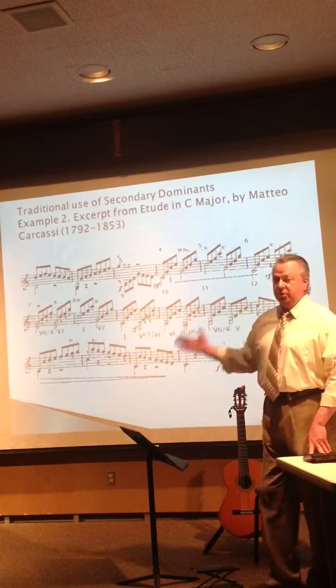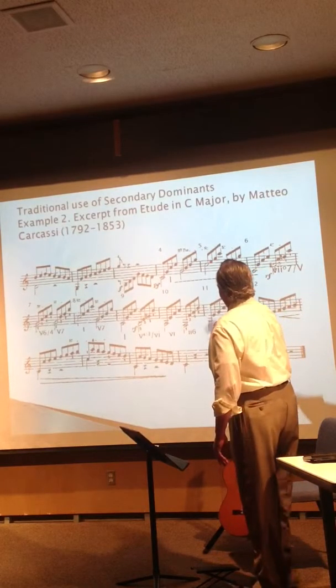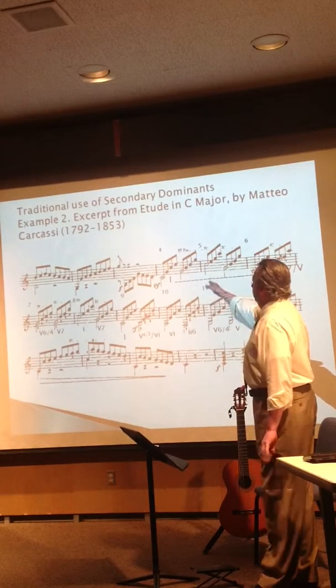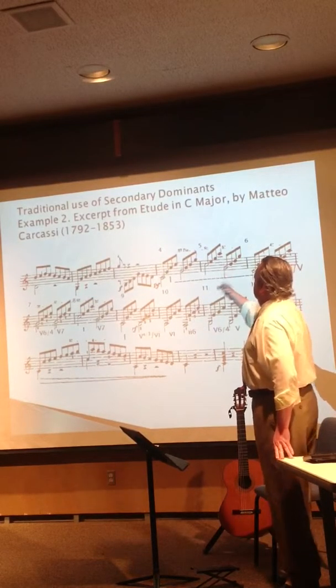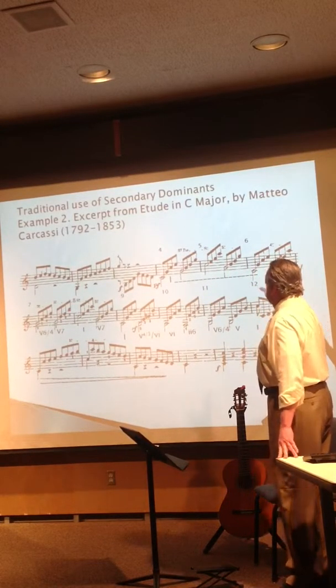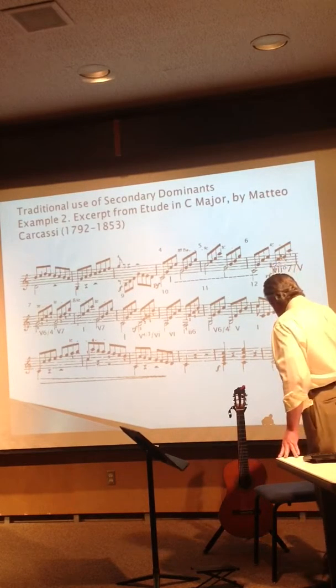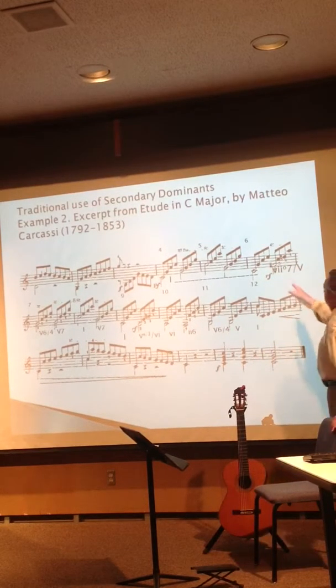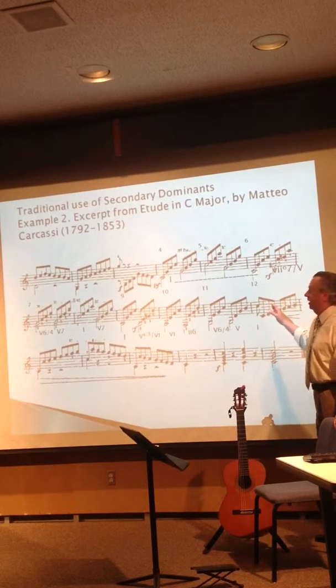Here's an example of traditional use of secondary dominants. In measure 4, right here, it begins a tonic prolongation with the chord progression C goes to G goes to C goes to G goes to C. At the tail end of this prolongation, right here is a secondary leading tone chord moving into 5.